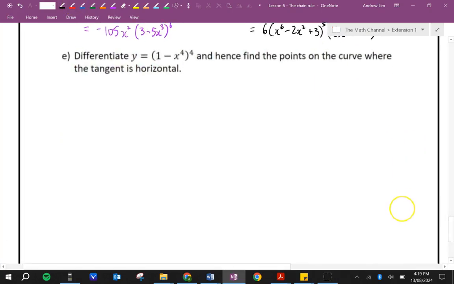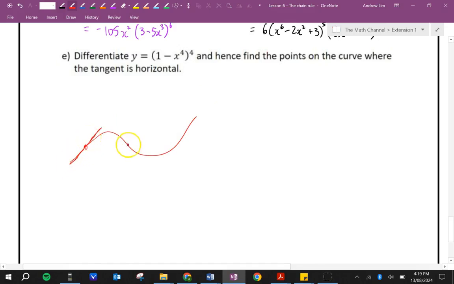Alright, and I think this is the last question for this video. Differentiate y is equal to 1 minus x to the power 4, all to the power 4, and hence find the points on the curve where the tangent is horizontal. Where the tangent is horizontal means, if I were to draw the tangent here, at that point, it's not horizontal.